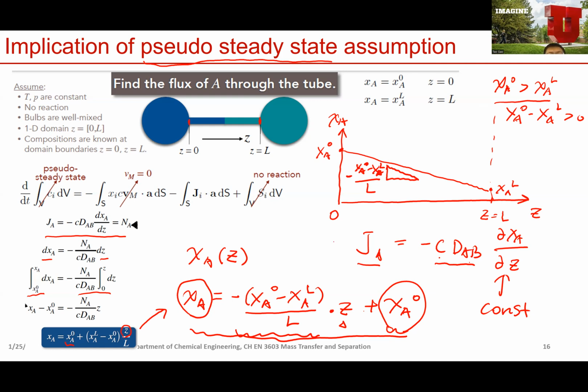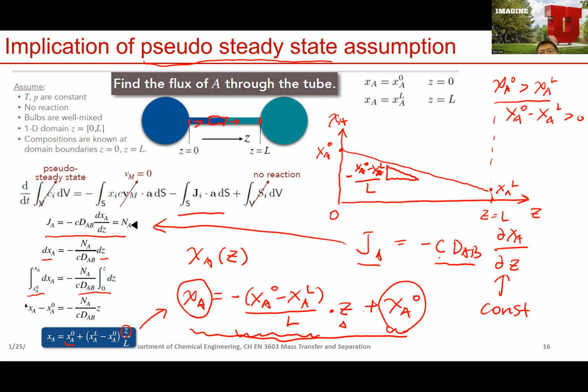So that just goes back to the starting point, right? Which means, by self-check, our solution is consistent with our starting point, which means at least from this, we don't make a mistake here. Okay. And further, since you have constant flux throughout the tube, no matter what control volume you draw, the flux of A going into this control volume and the flux of A leaving this control volume is the same, right?